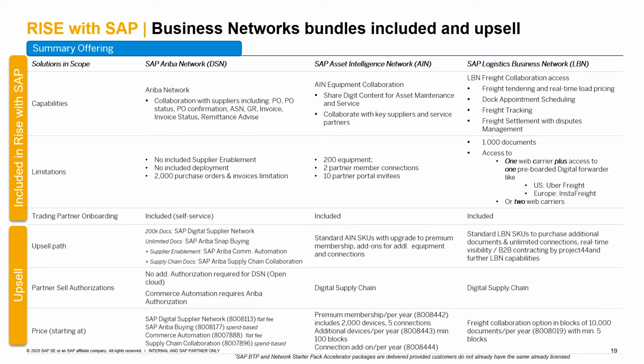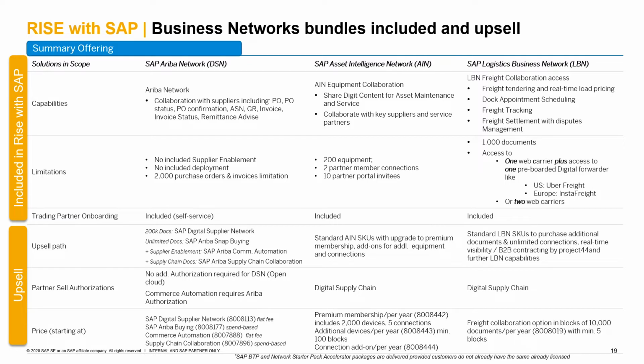And finally, for the LBN, Freight Collaboration, you can see here what's included. It includes up to 1,000 documents, and you have access to 1 web carrier, plus access to 1 pre-onboarded digital forwarder like Uber Freight, Europe Freight, etc., and 2 web carriers.